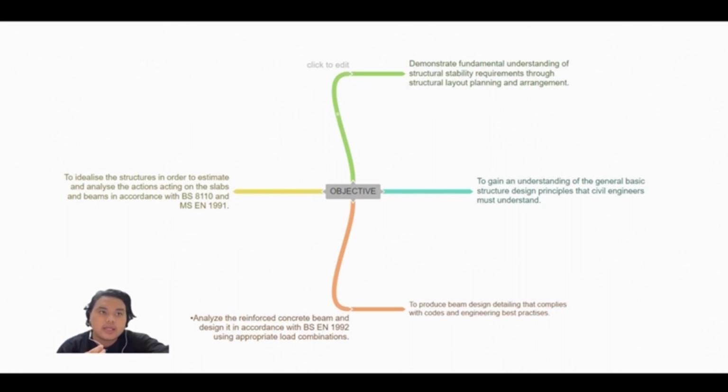Next is to analyze the structure in order to estimate and analyze the actions acting on the slab and beams in accordance with British Standard 8110 and EN 1991. Next is to analyze the reinforced concrete beam and design it in accordance with British Standard 1992 using appropriate load combinations. And lastly, to produce beam design detailing that complies with code and engineering best practice.